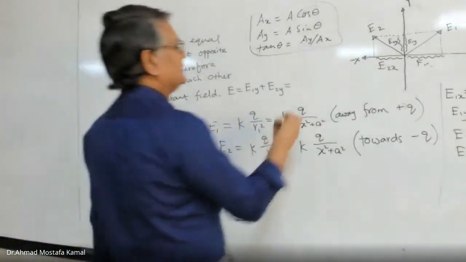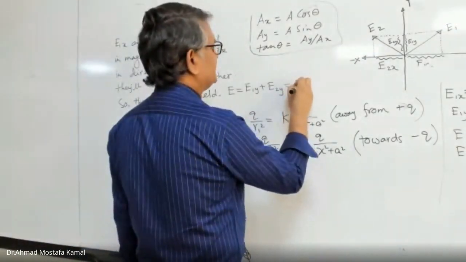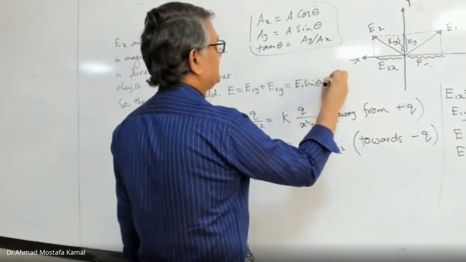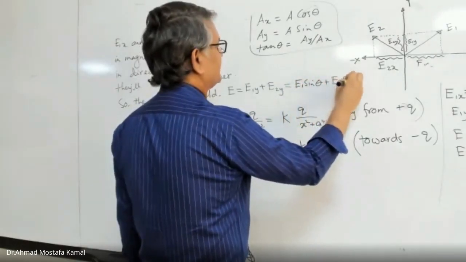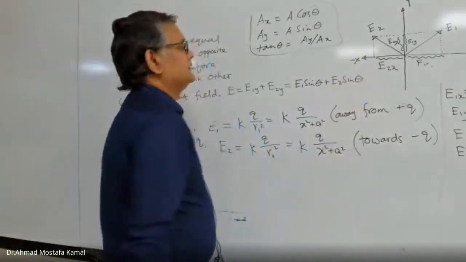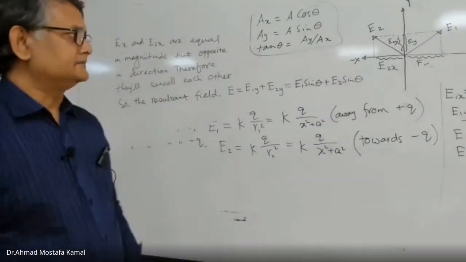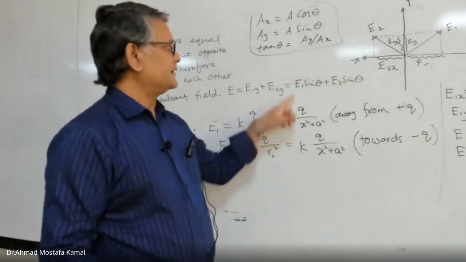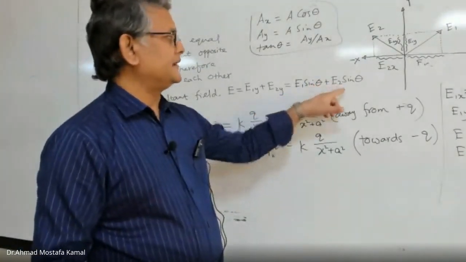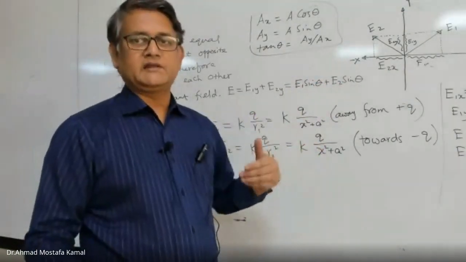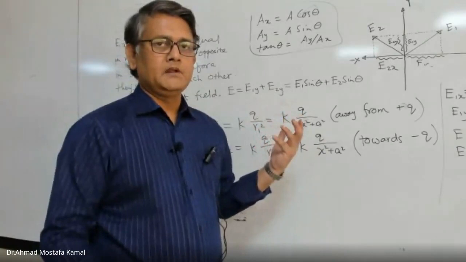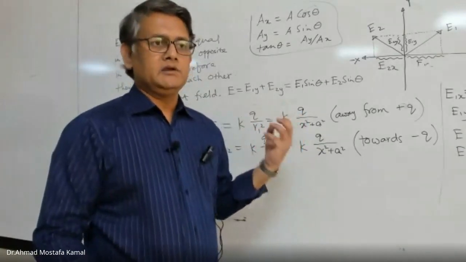But E1y is E1 sin theta, and E2y is E2 sin theta. But E1 and E2 are equal, so you can write 2E1 sin theta or 2E2 sin theta. Whatever you want, all the same. They are equal.